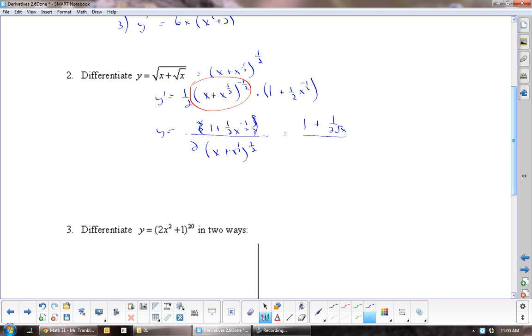And that's going to be over 2, and this is going to be root x plus root x. Okay, all I did was get rid of the exponents.